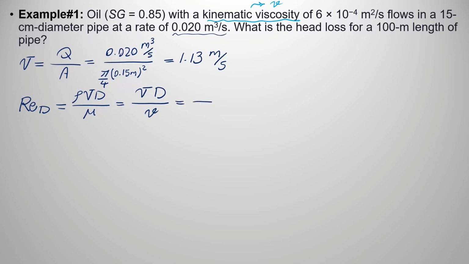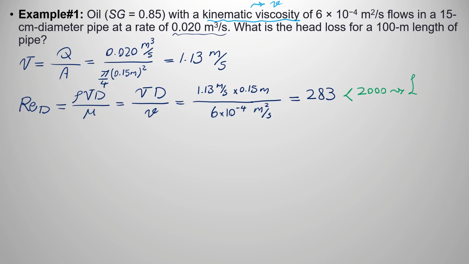I calculated velocity to be 1.13 meters per second. Diameter is going to be 0.15 meters, and kinematic viscosity is 6 times 10 to the power negative 4 meters squared divided by second. Reynolds number, which is a non-dimensional number, would be equal to 283. So because 283 is less than 2000, I can conclude that my flow is laminar.